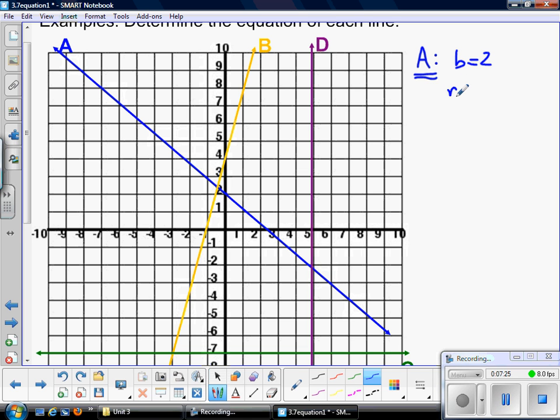Now my slope. Well, I need to create a right angle triangle. Now, it might be easier for me to see exactly where it intersects compared to you. I'm not sure. It really does appear that it's crossing right at this spot, but then I would need to find another one. And as I'm traveling down, well, I can use this one.